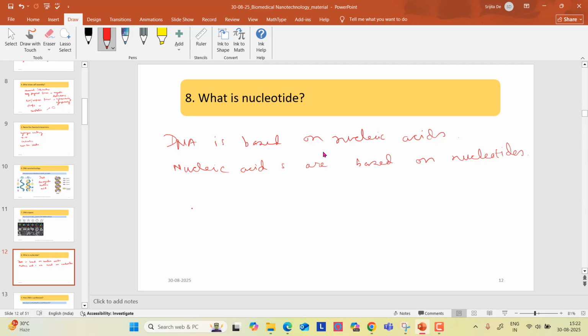So what is nucleotide? Nucleotide basically consists of sugar plus base plus phosphate.